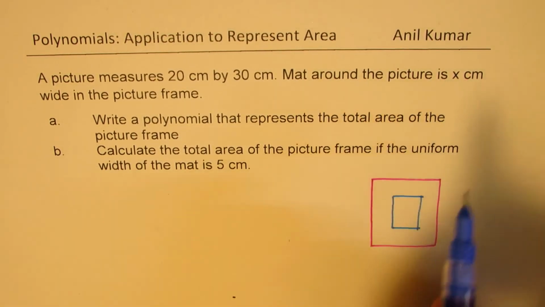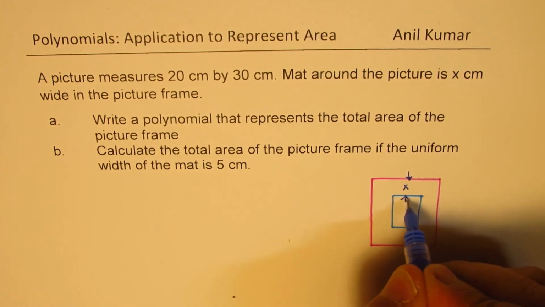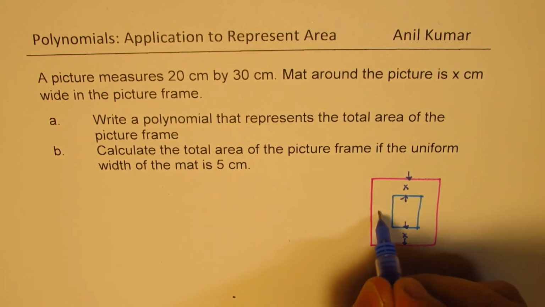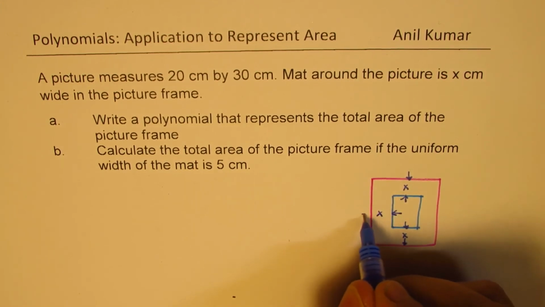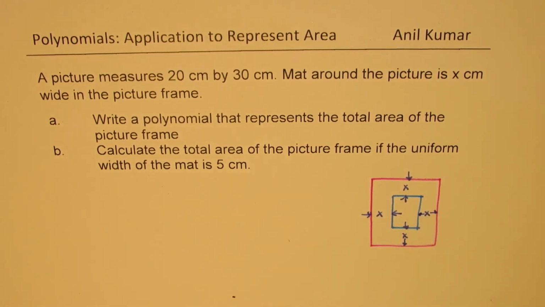Mat around the picture is x centimeters. That means x centimeter in this side, all sides, right? X centimeters. You could write like this also. Is that clear to you? So that is the mat around the picture shown in the blue box.